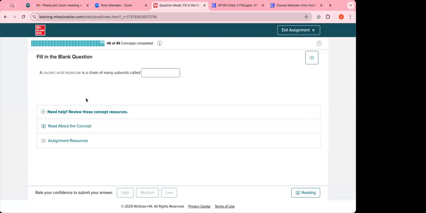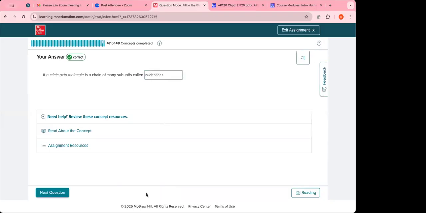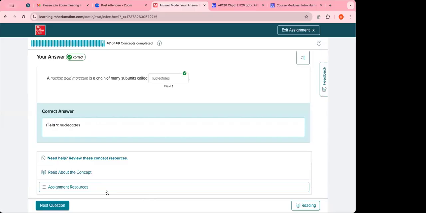Would it be nucleotide? I think so. Yeah. I think it's nucleotides, if I understood what the question was asking.